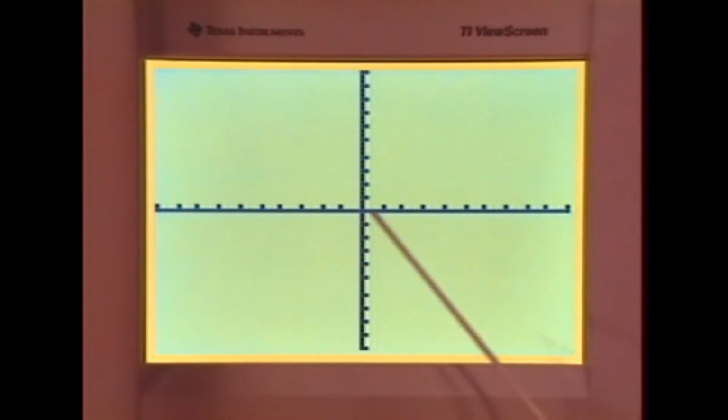But what is the y coordinate of every single point on this line? Well, y is 0. Y is positive up here, negative down here, but on the line y is 0. So it's not surprising that this line, the horizontal axis, is y equals 0.